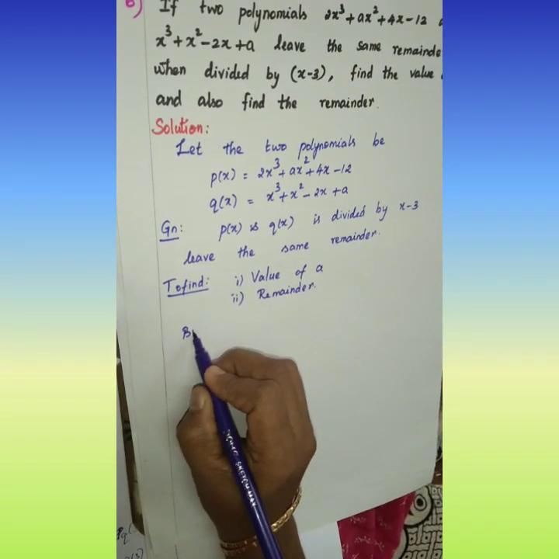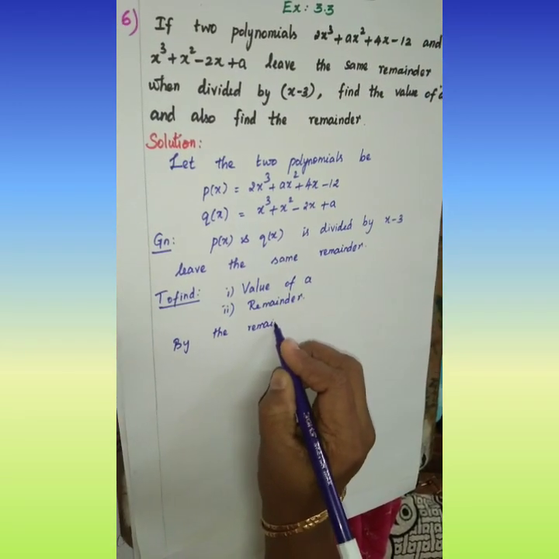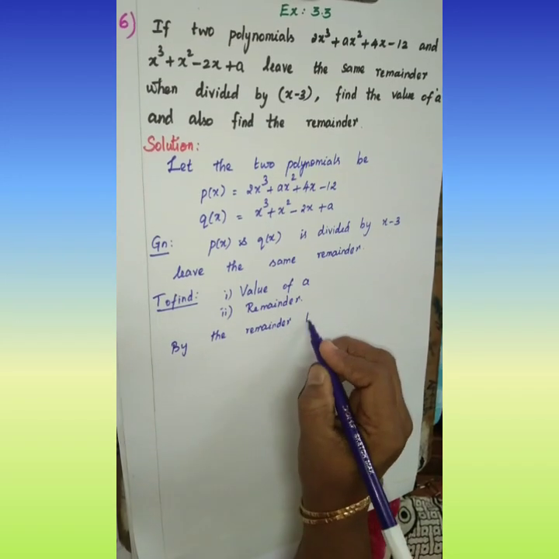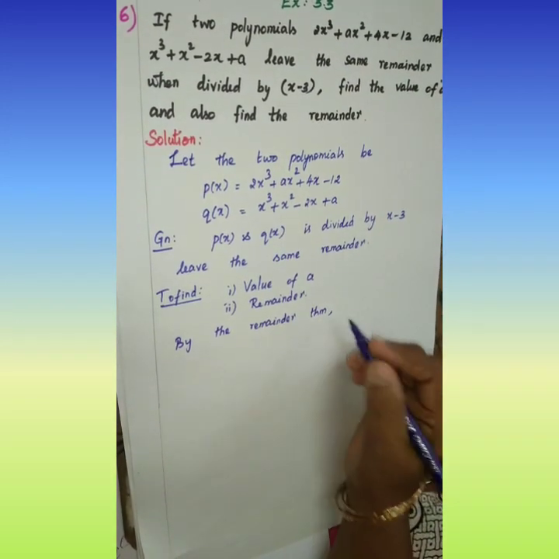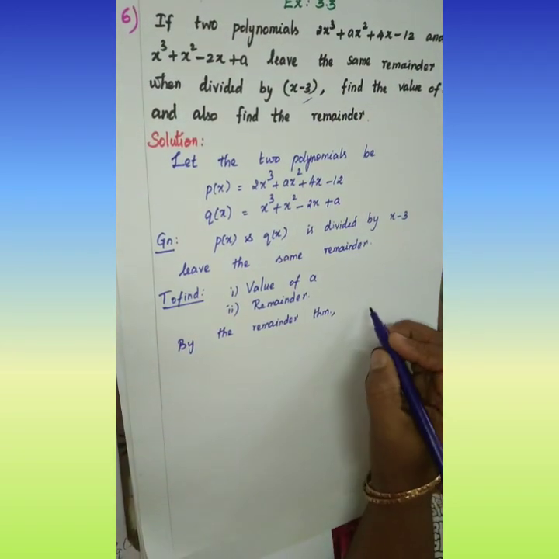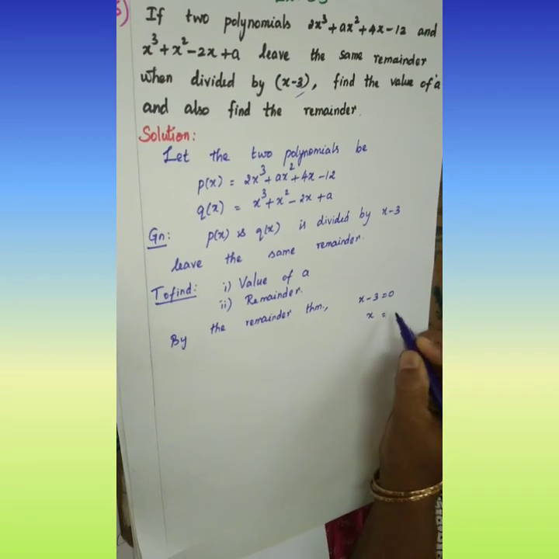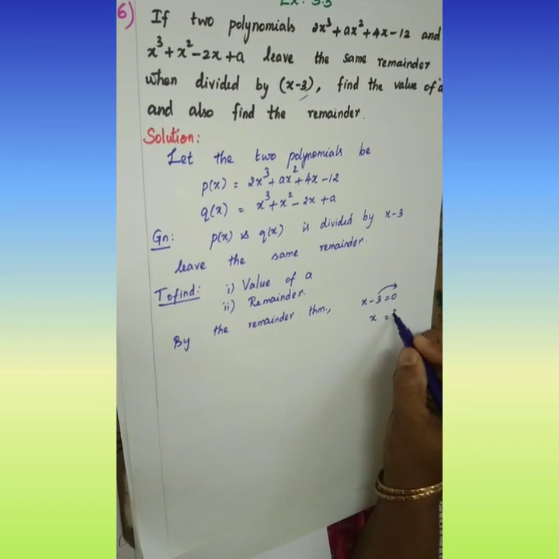So by the remainder theorem, the linear polynomial x minus 3 is equal to 0. That is, x is equal to plus 3.